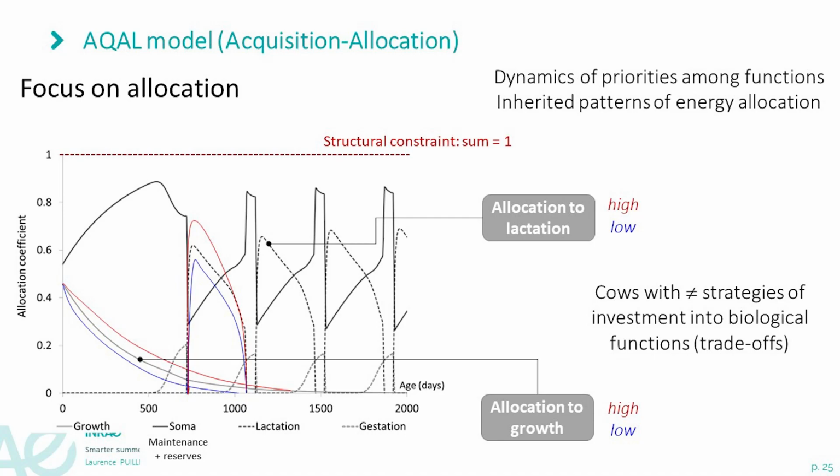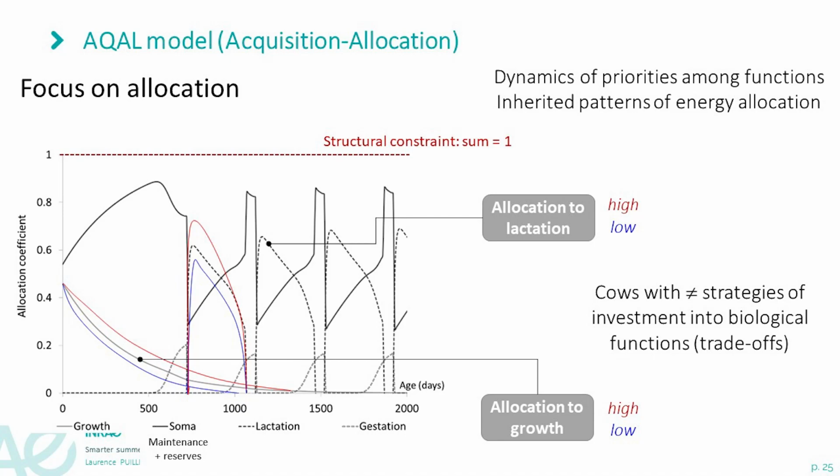As the animal is aging, allocation to growth decreases. As the sum is always 1, allocation to survival increases. So that's always this system where the sum should be equal to 1.